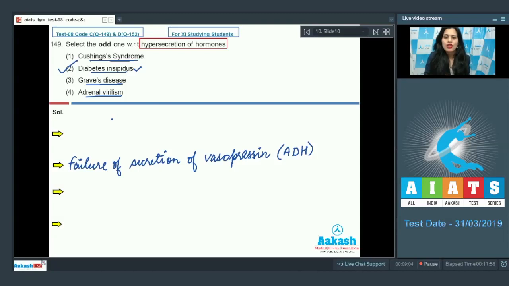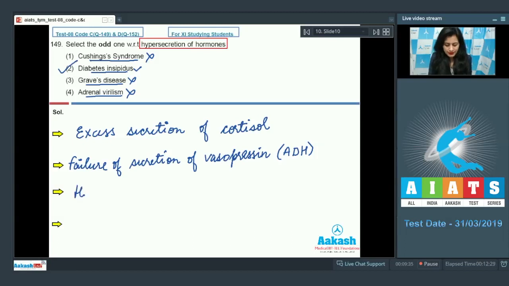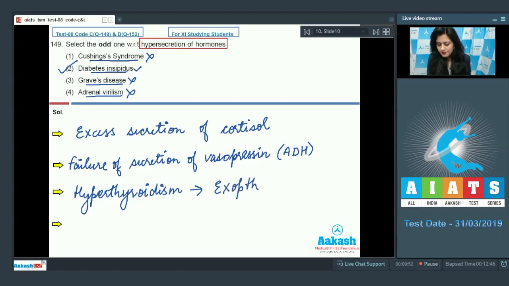On the other hand, the other three options, that is Cushing syndrome, Graves' disease, and adrenal virilism, are result of hypersecretion of hormones. Excess secretion of cortisol or hypersecretion of cortisol leads to Cushing syndrome. Graves' disease, hyperthyroidism, leads to exophthalmic goiter, or Graves' disease.